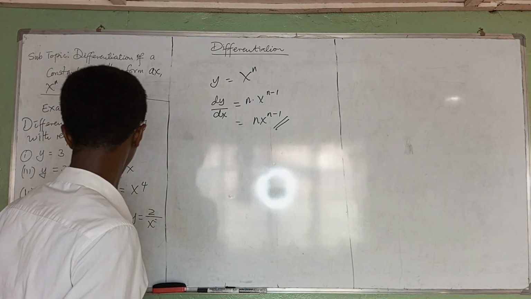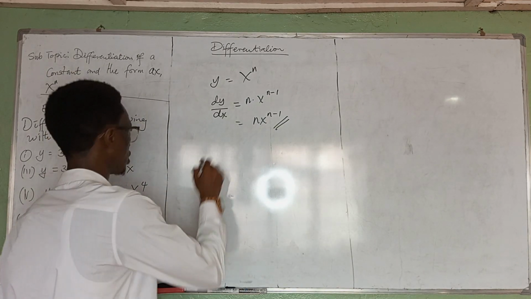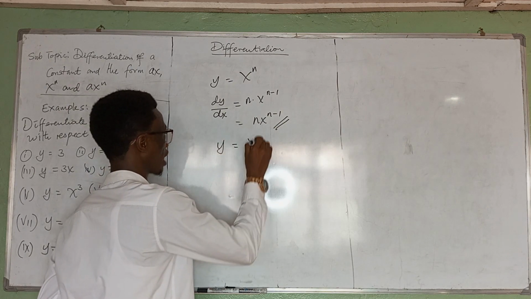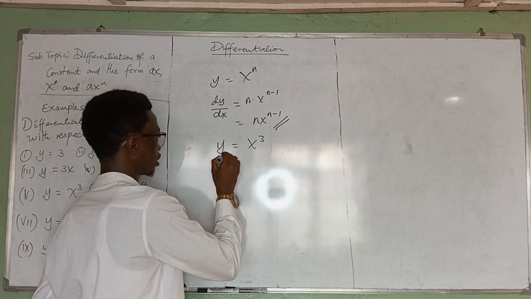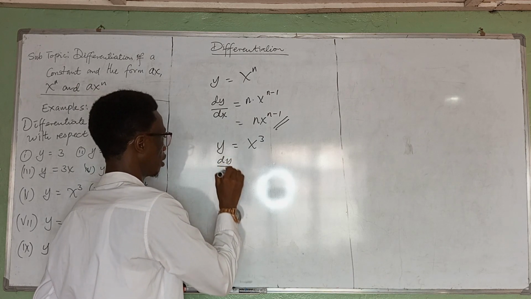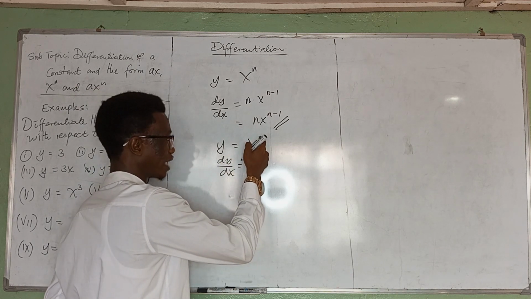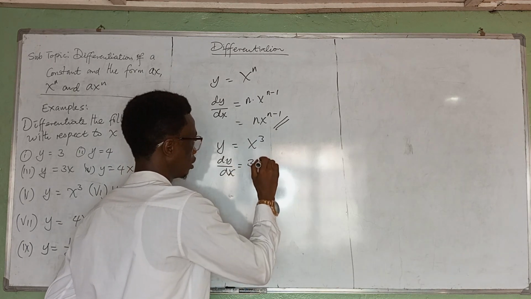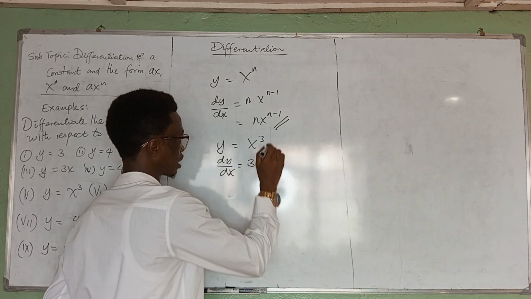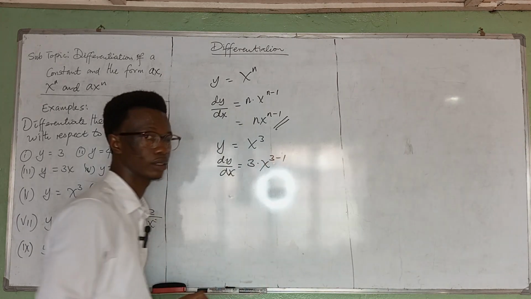So let's say we have the next two problems, which are y equals x raised to the power 3. We want to differentiate y with respect to x. dy by dx becomes, remember this is n, so it becomes n multiplied by 1, and 1 times x is just x, and we take 3 minus 1.